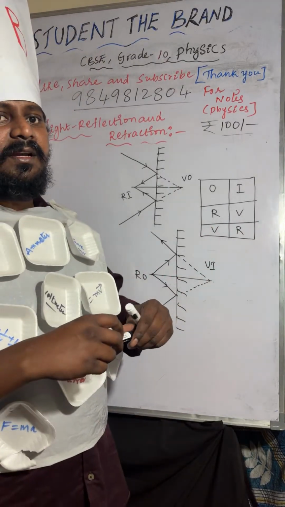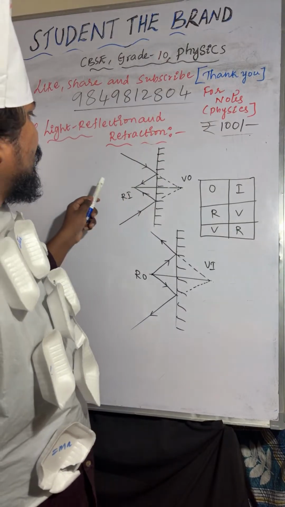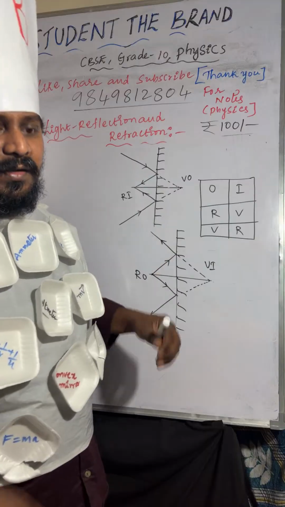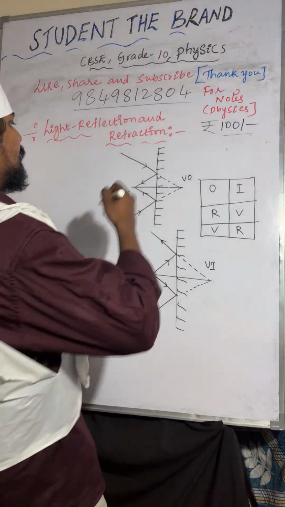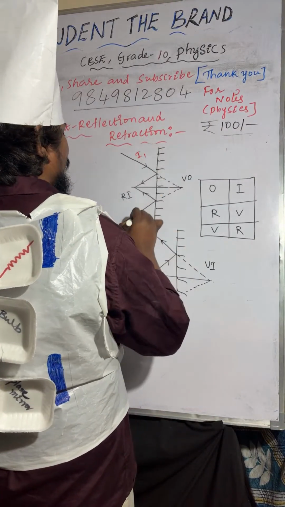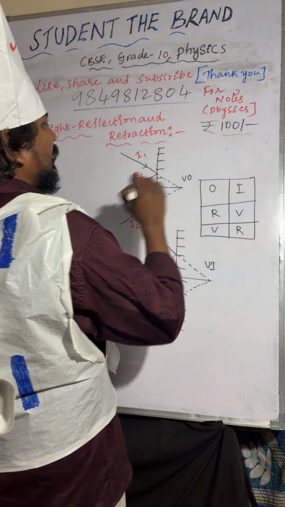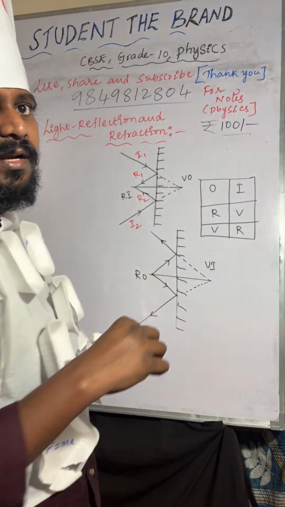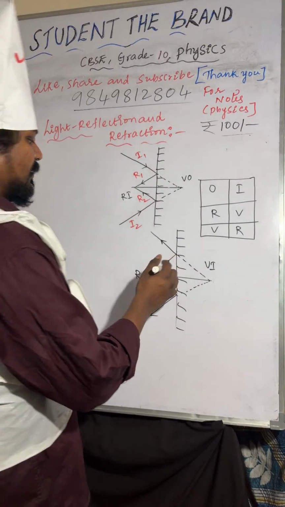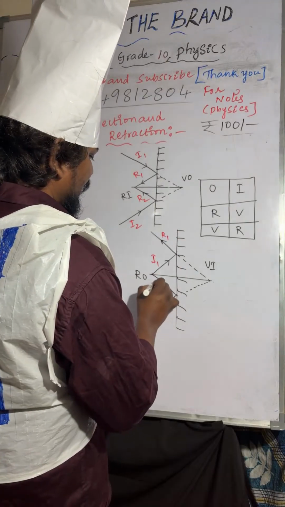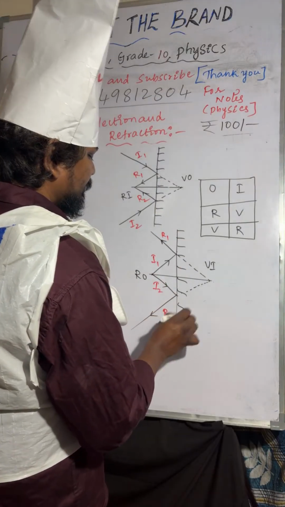Okay, so if you observe carefully here, these are the incident light rays, I1, I2. And these are R1, R2, and this is the virtual object. Here you can observe this is I1, R1, I2, R2.